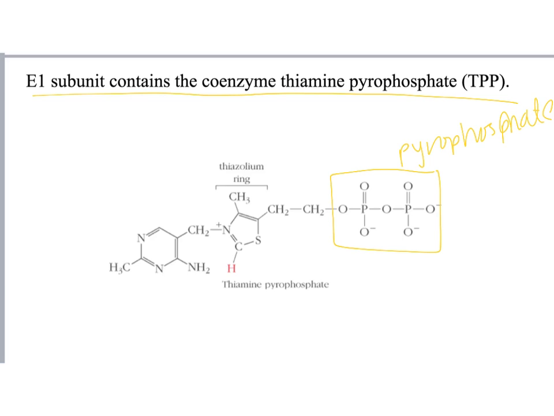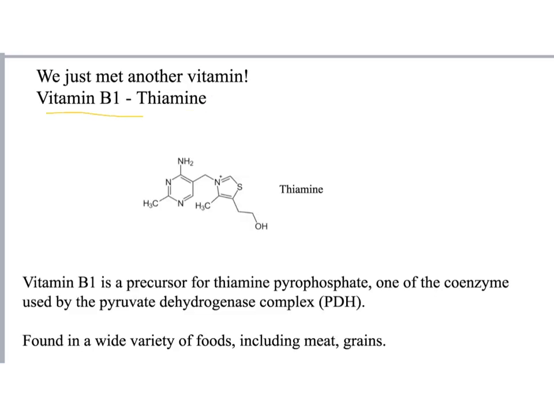And the way that I recognize thiamine pyrophosphate, one is it has 2 of those, and the other one is this 5-membered ring that has a sulfur and a carbon and a nitrogen all in a row, and that's pretty unique. And like I said, this comes from vitamin B1, which is thiamine, so that's the precursor. So hopefully you can again see here is the nitrogen, the carbon, and the sulfur all sandwiched in there together. And thiamine is the precursor for TPP in E1, and it's found in a variety of foods, including meats and grains.